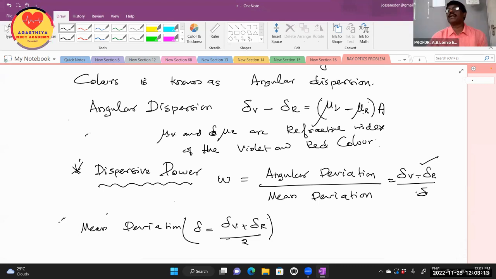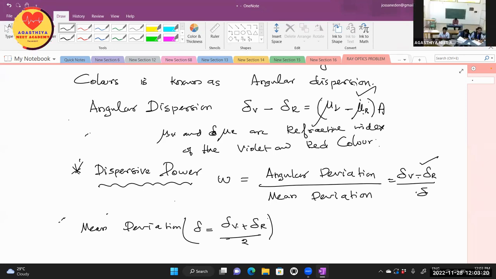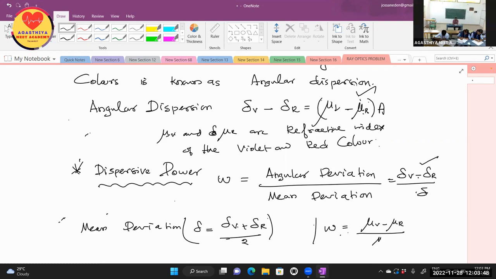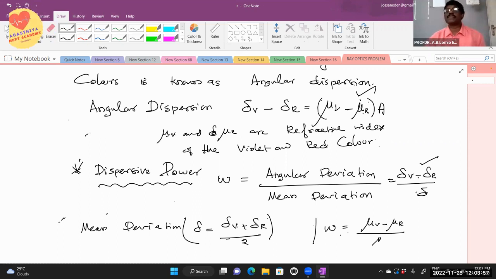Already we have written delta V minus delta R as (mu V minus mu R) into A. This formula can also be expressed in terms of refractive index as (mu V minus mu R) divided by (mu minus 1), where mu is (mu V plus mu R) divided by 2. That is the mean refractive index.